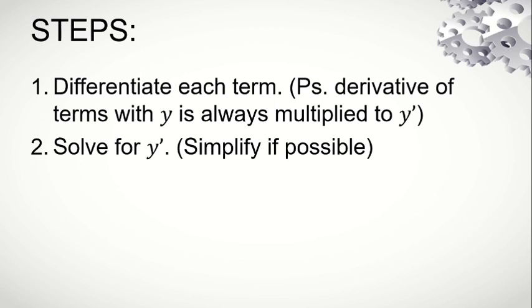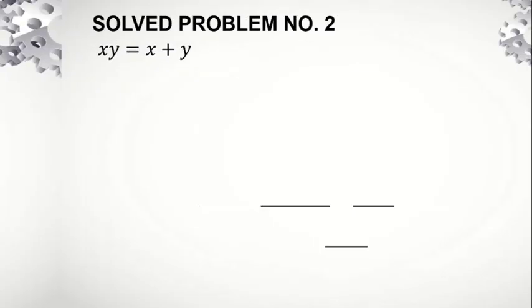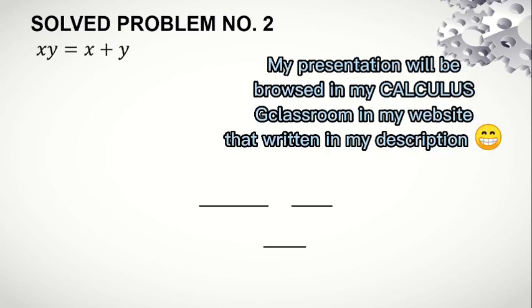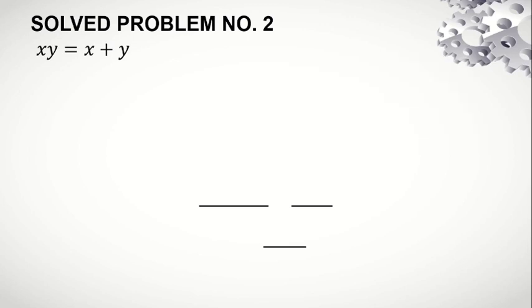Number three, simplify if possible. Just those steps, right? Now we have solved problem number 2. Actually, solved problem number 1 was in the higher derivative lesson. As I said, the solved problems continue within one presentation, but I separated the two lessons into two videos.